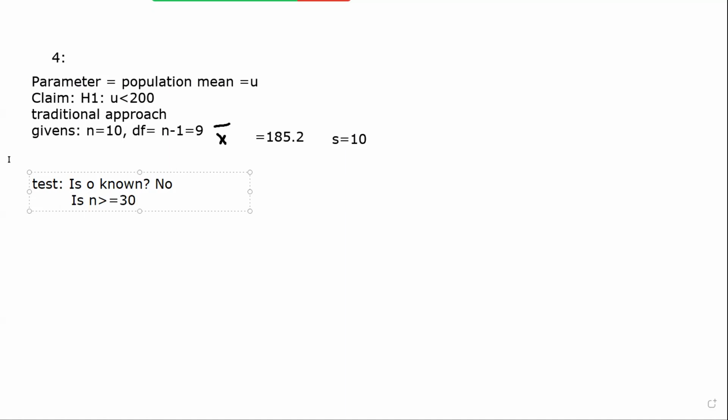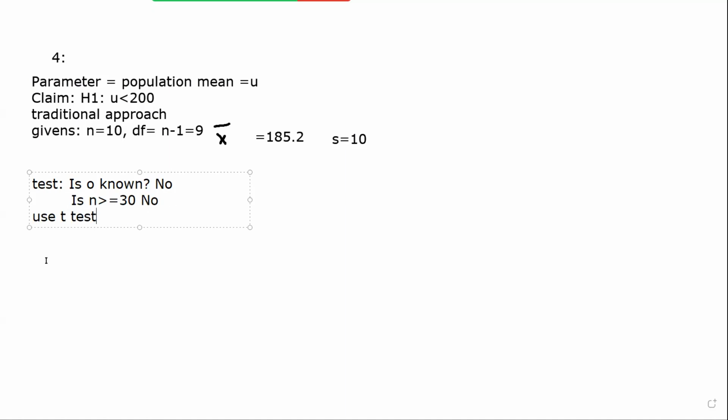Well, our sample size is only 10, so that's also no. And so therefore, we use a t-test. All right, that's all your preliminaries.